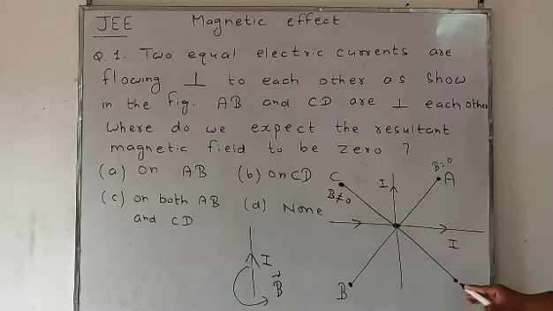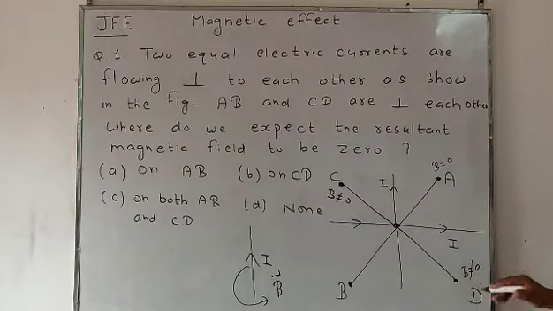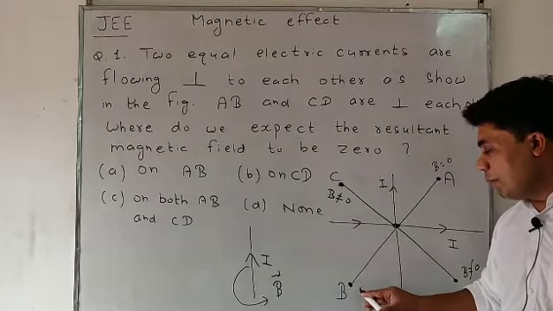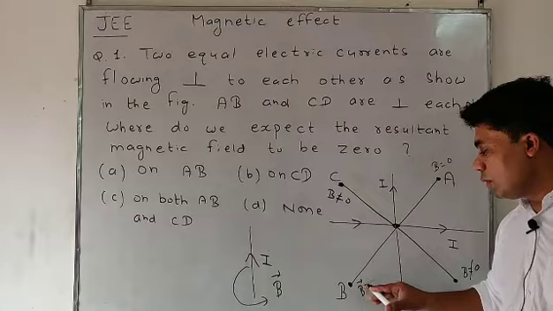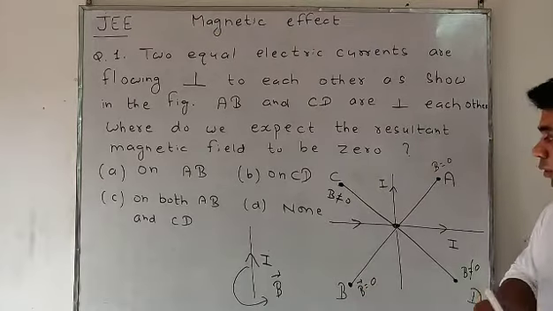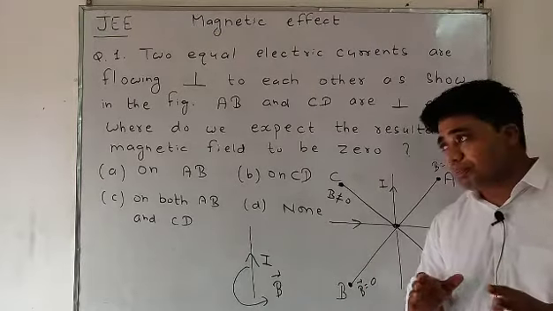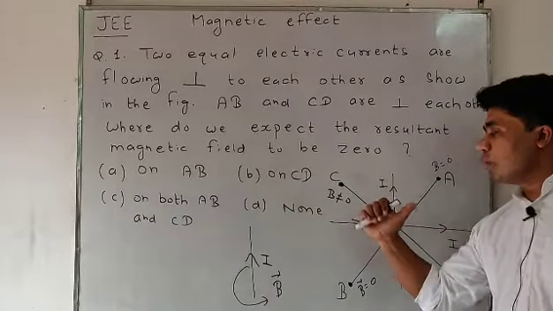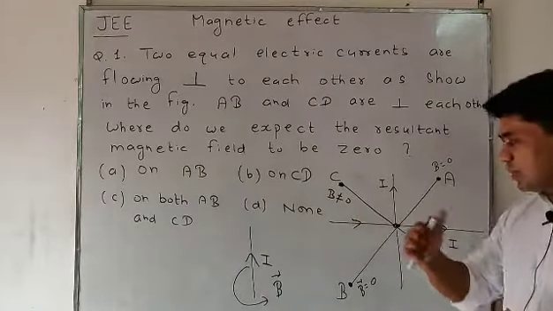Now discuss point D. Similarly, at point D, the magnetic field will not be zero by the right hand thumb rule, and similarly at point B, the magnetic field will be zero. How? When we apply the right hand thumb rule for this wire, look at students, the magnetic field is in the inverse direction.